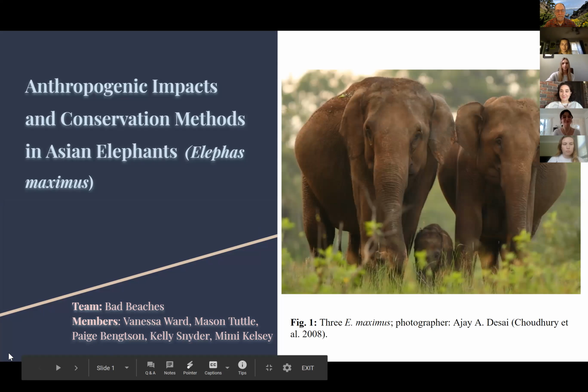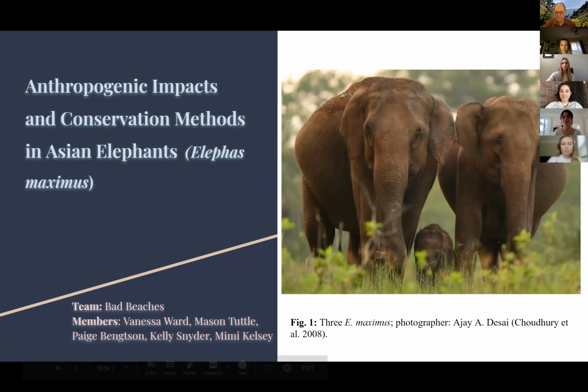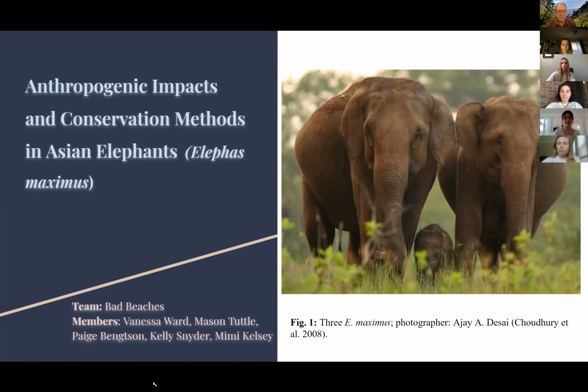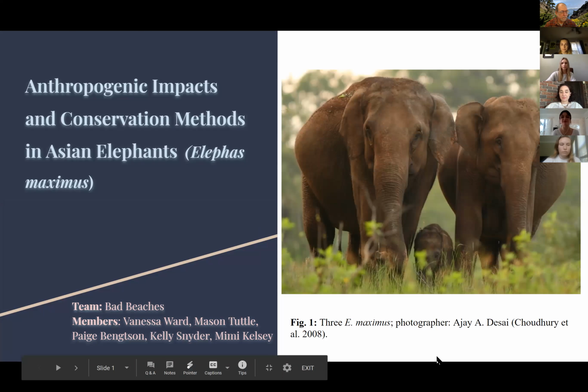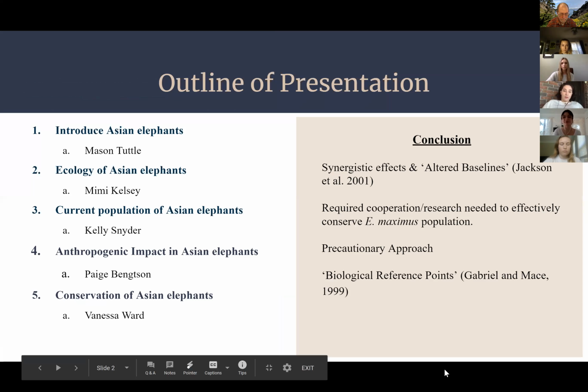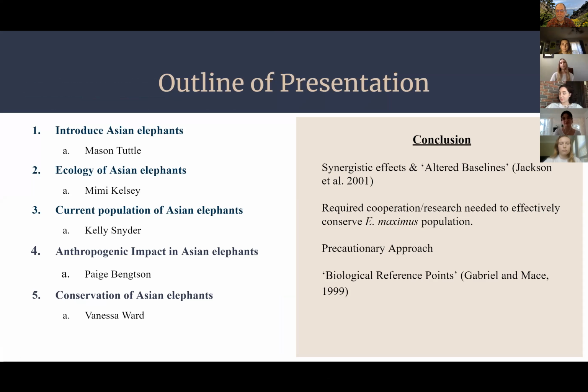Okay. Good afternoon, everyone. I'm Kelly, and we are the Bad Beaches. Today, we're going to present information on the anthropogenic impacts and conservation methods in Elephas maximus, or common name Asian elephants. Next slide, please. Mason is going to start us off by introducing the Asian elephants, and Mimi is going to tell us about the ecology.